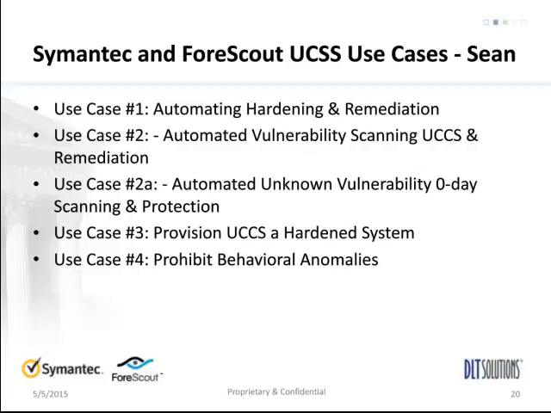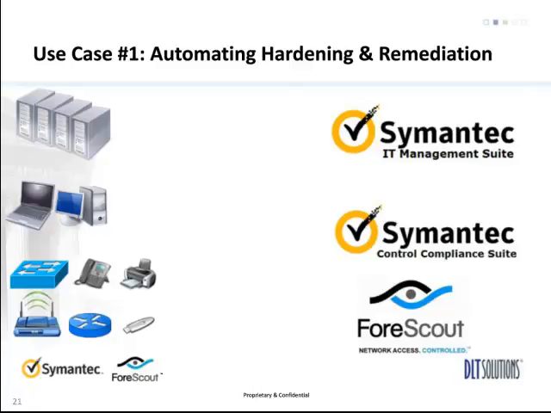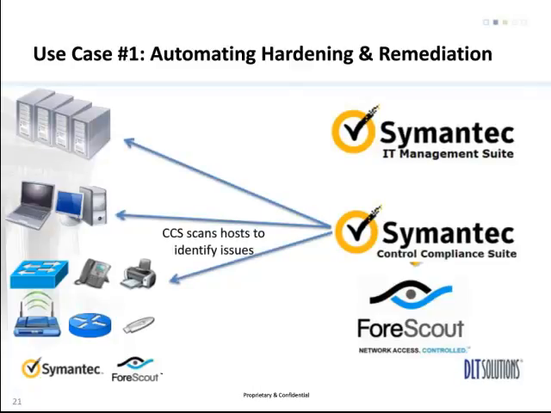So with the first use case here, what we have is Control Compliance Suite scans hosts and identifies any issues. As it identifies issues in how the compliance posture of these systems are, whether it's a registry setting, a patch level, the device is in the wrong network, it will trigger on that and then send interesting events or trigger events to ITMS and/or to ForeScout.